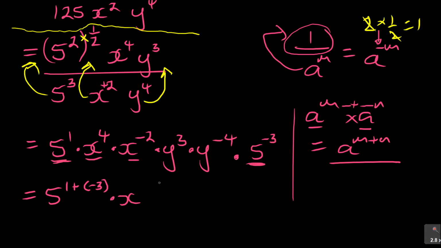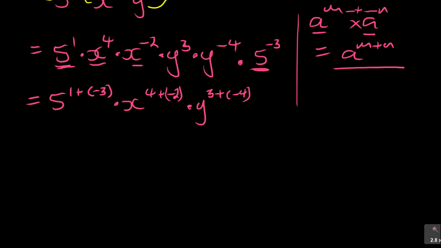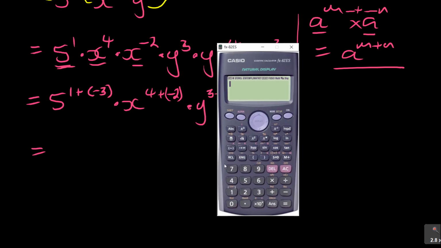Again, move for x. You've got x and x. It's 4 plus negative 2. Again, you can put a bracket or leave it out, it's fine. Do the same thing with y, 3 plus negative 4. You see what is happening there? Then you can use a calculator again to say what is 1 plus negative 3.